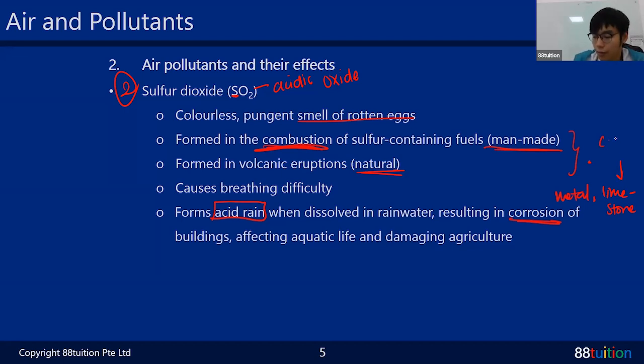Limestone is calcium carbonate. Now when the rain falls into your water bodies with all the fish, it can affect your aquatic life.